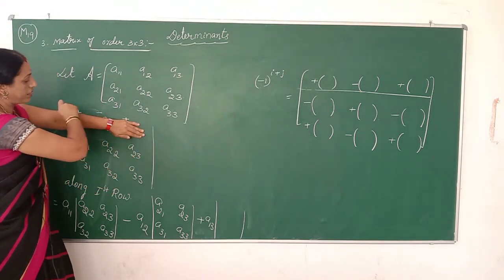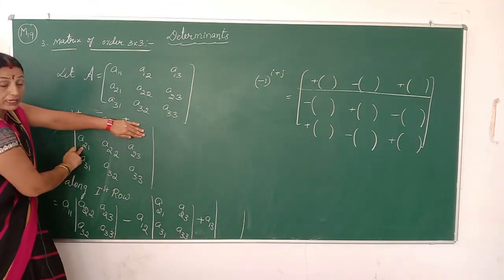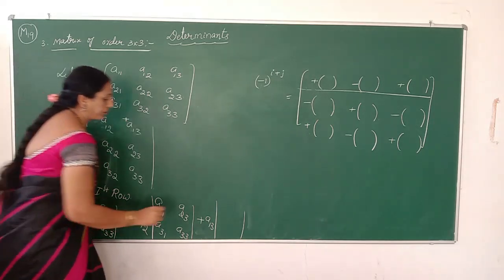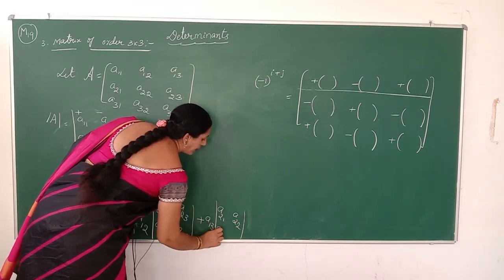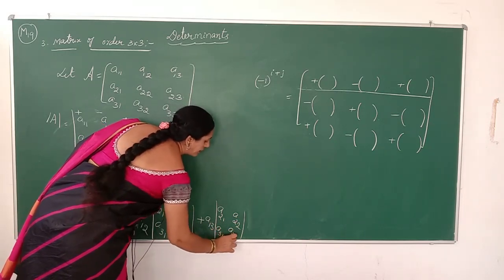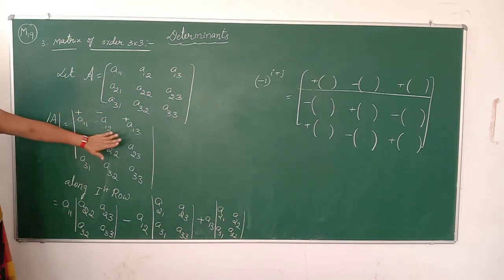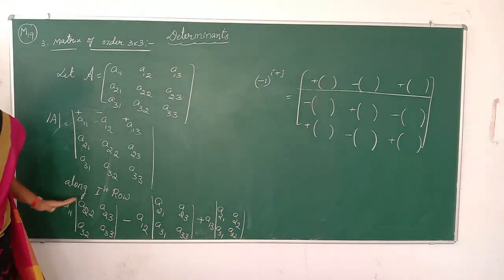The remaining elements are A21, A22, A31, A32. So that is how the 3 cross 3 determinant can be expanded in terms of 2 cross 2 determinants.